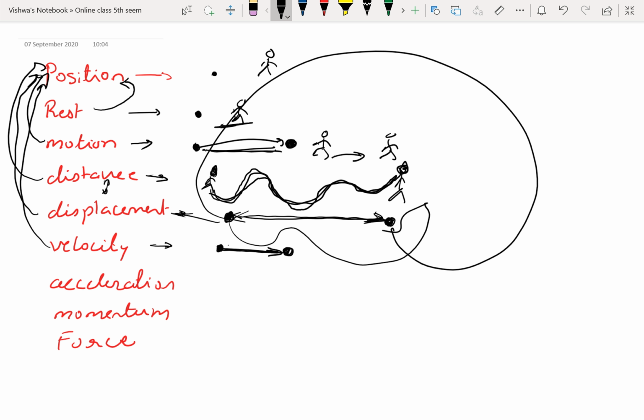We don't know how it is moving, whether linearly or circularly, whether in different paths, we don't know, but the initial position is this one, the final position is this one. Now this is the displacement. This rate of change of displacement or change of position, that we call velocity. That means velocity depends on the displacement as well as the time.